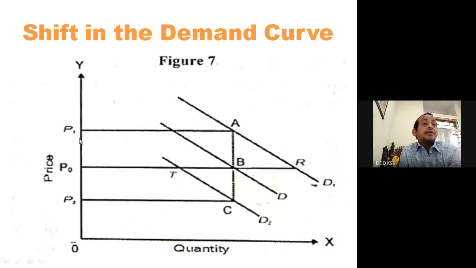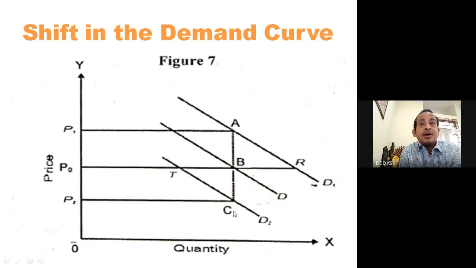Then if price decreases from P1, say to P2, sorry, this is P2. If price decreases to P2, then with the decreased price, D2 is the decrease in the demand.